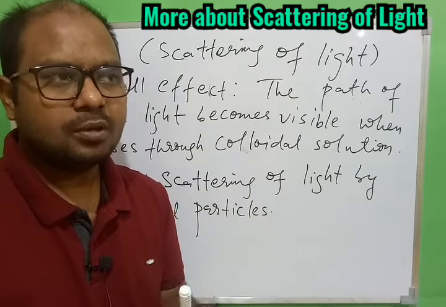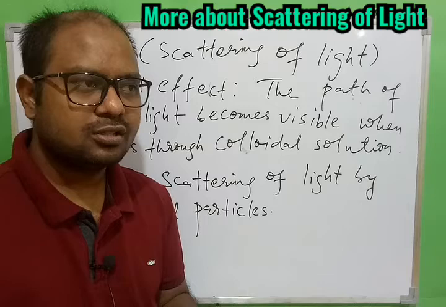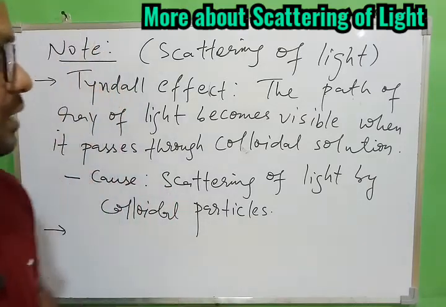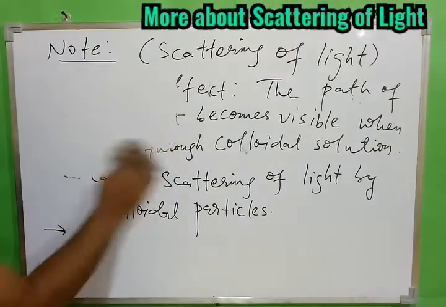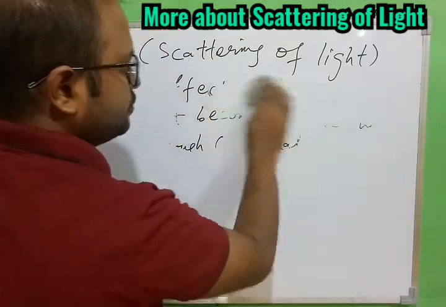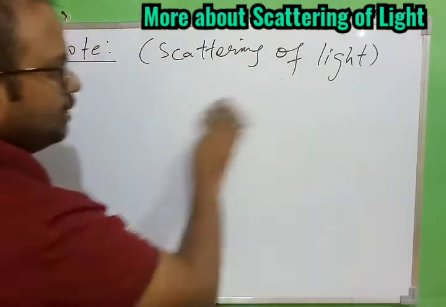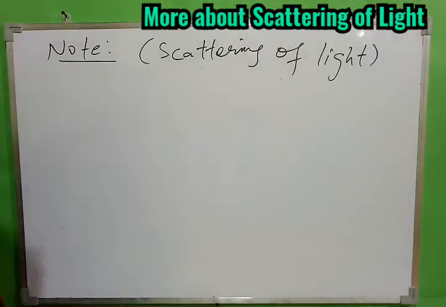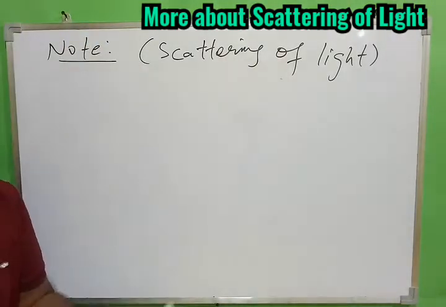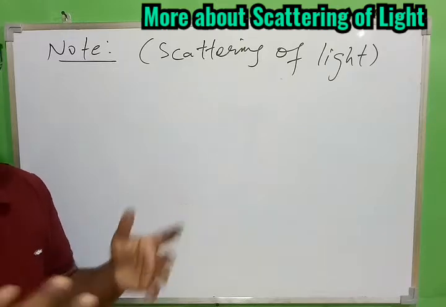Otherwise, in the absence of particles which can scatter the light, you cannot feel the presence of light. So scattering is always taking place around you. If within a room we say there is a light, it is just because of the scattering that you are able to sense or feel this particular light.